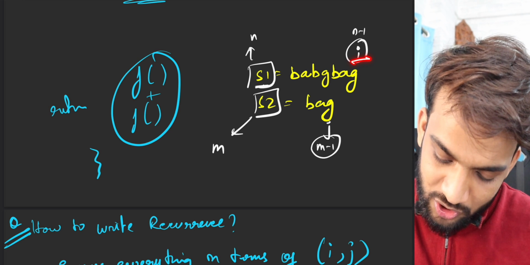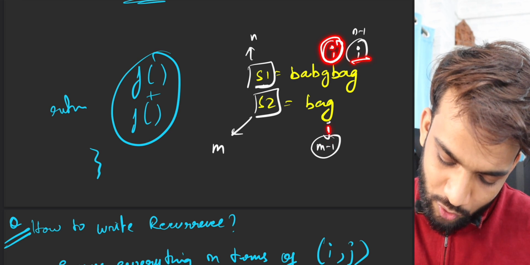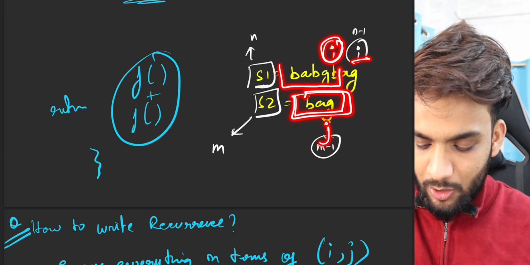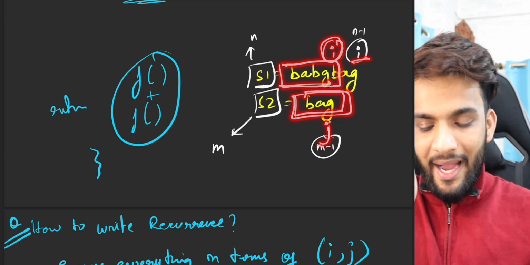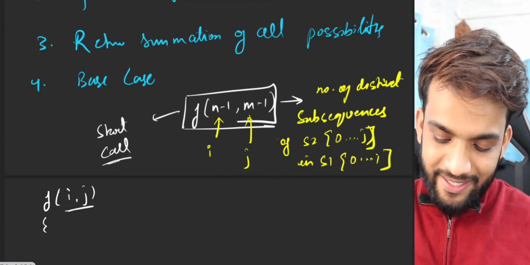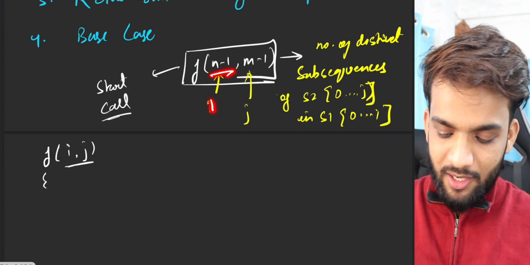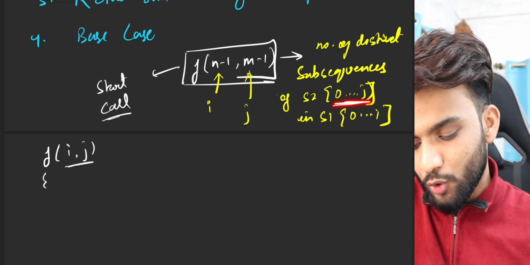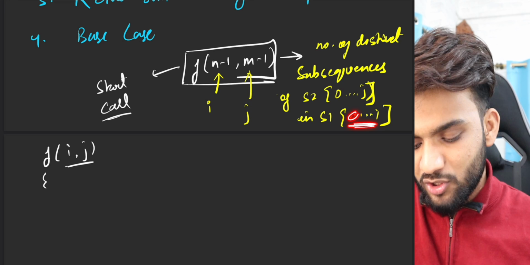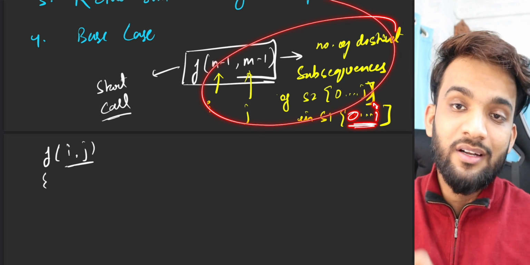If i was over here and j was over here, the number of subsequences of BAG in this particular string, because i is here, so i basically signifies that this much is the string. Got it? So that is what we are writing. f of i j, number of subsequences from 0 to j of string S2, in the string S1 only from 0 to i. That is what it means.